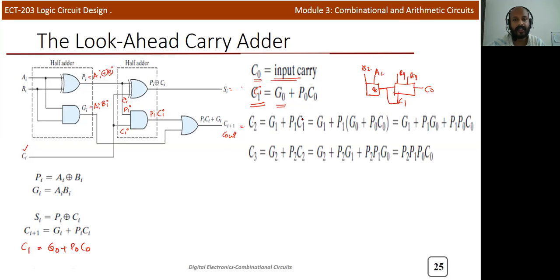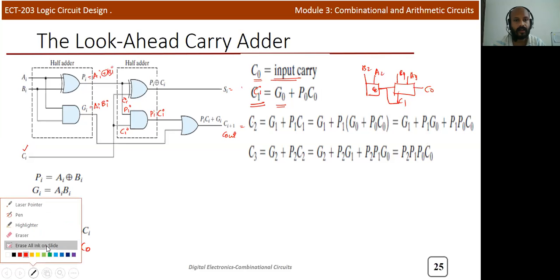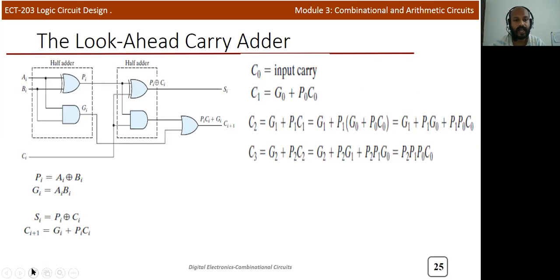the next carry C2, I can calculate like this. So I put i equal to 1, so it becomes G1 plus P1 C1.